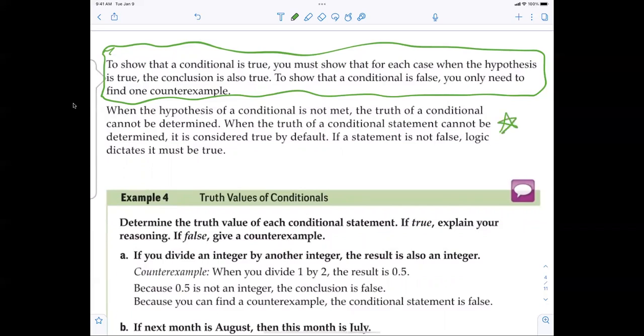So again, I had lots of problems. I missed lots of questions on a test because I never knew that, or I didn't understand it, and it doesn't make sense to me. If I can't prove whether something is true or false, then the statement is automatically true. That's what it's telling you. Which doesn't make sense to me. I totally disagree with that, but I didn't make up the rules of logic. I've looked it up. I've tried to figure out why.